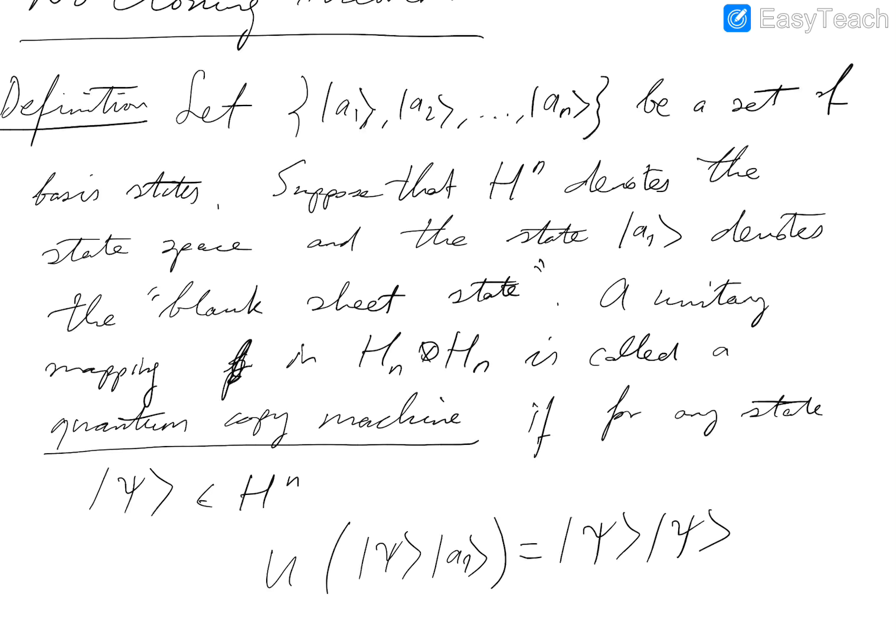So a quantum copy machine is a unitary transformation which takes two qubits, psi and the blank sheet state A1, and it copies psi over A1.